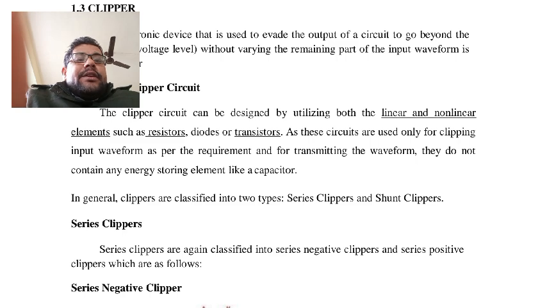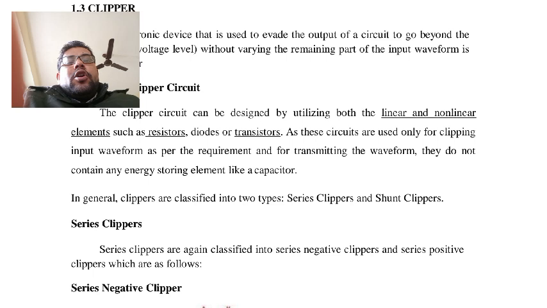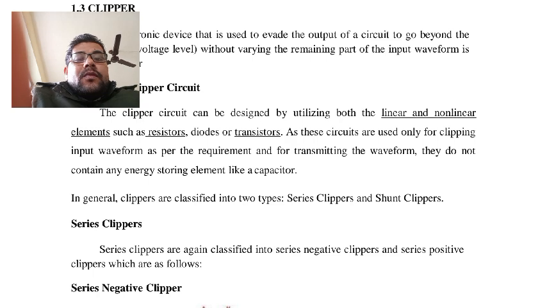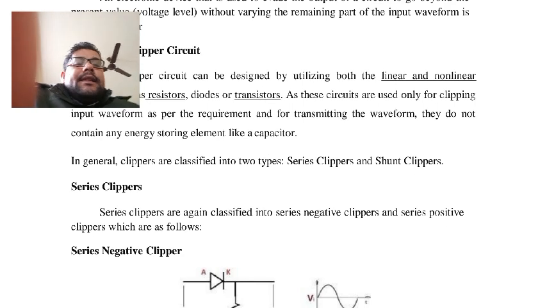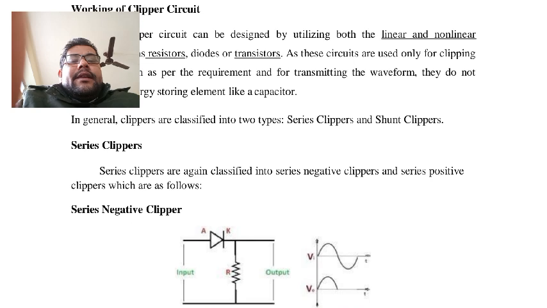These circuits are used for clipping or cutting particular levels of the input waveform, as per our requirement, and transforming the waveform, so they don't contain any energy storing element.